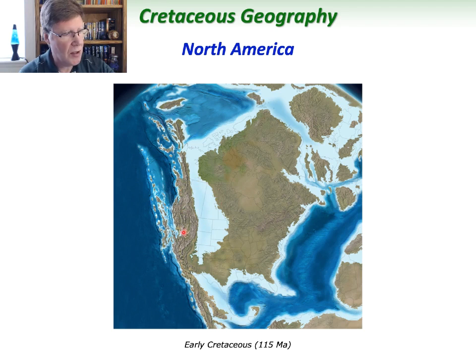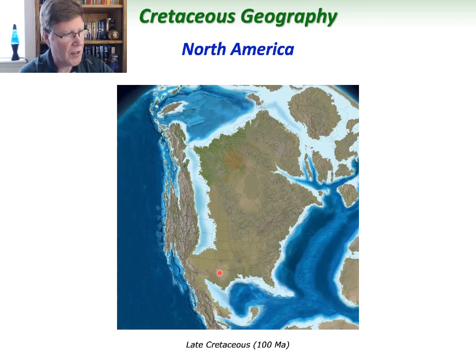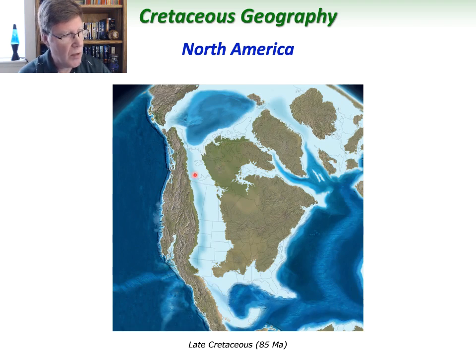The margins along the shoreline there were probably flush with vegetation and had abundant land animals, dinosaurs of all sorts of kinds. Around the seaway was the dinosaur life that we are going to talk about, and in the seaway are the marine reptiles. So when you see this North American Interior Seaway, that is the home for a lot of these cool and exotic marine reptile forms. And this mountainous terrain and this cratonic plain were the homes for all sorts of different dinosaurs.